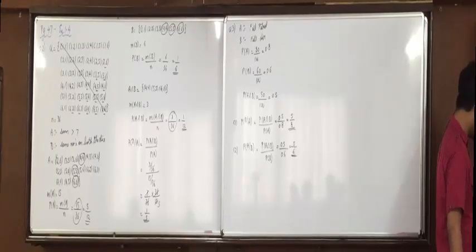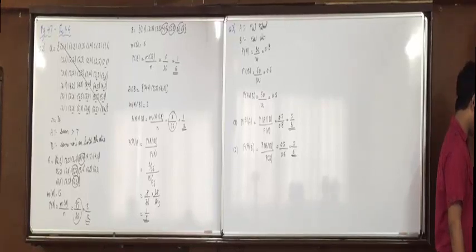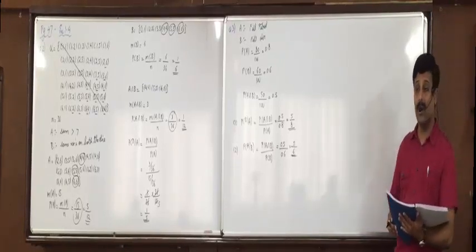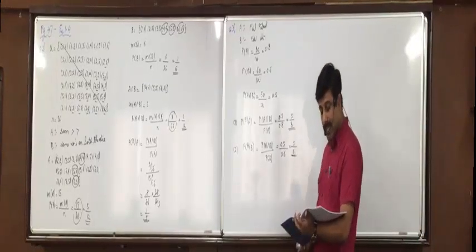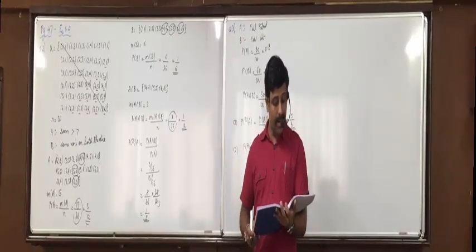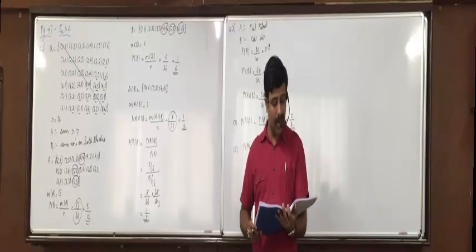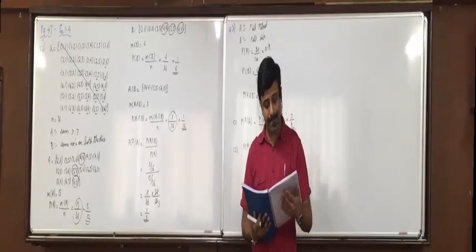Question number 4. 80% customers hold a savings account. Silence, everyone. Savings account, mark it as PA. What is that? Means 0.8. 50% customers hold a current account, mark it as PB.